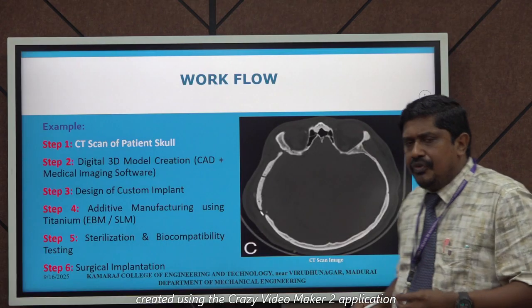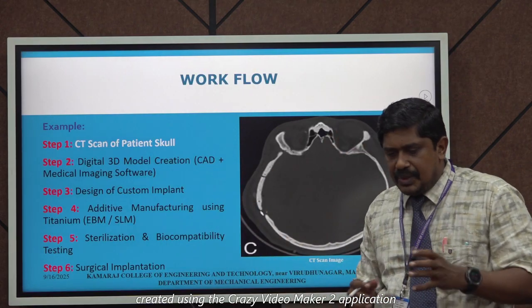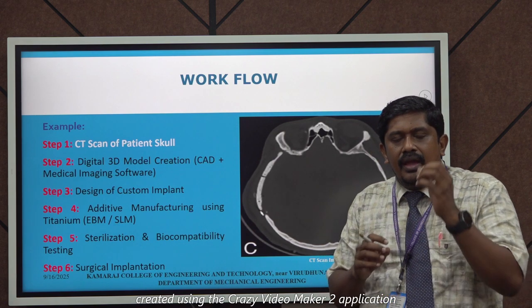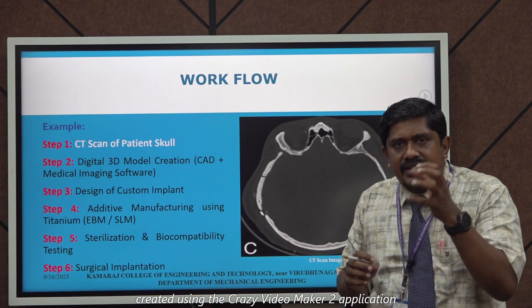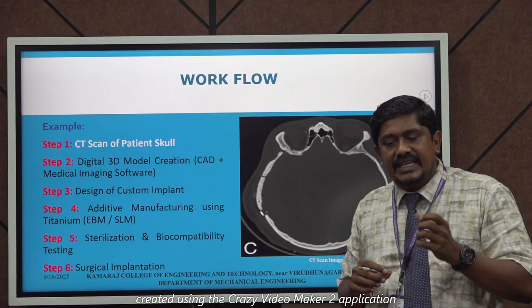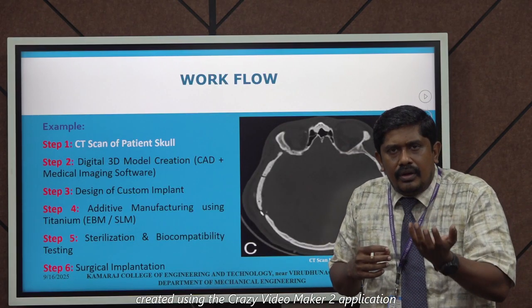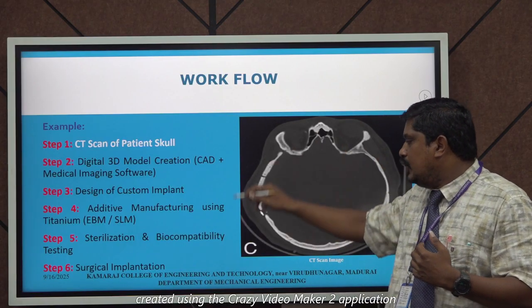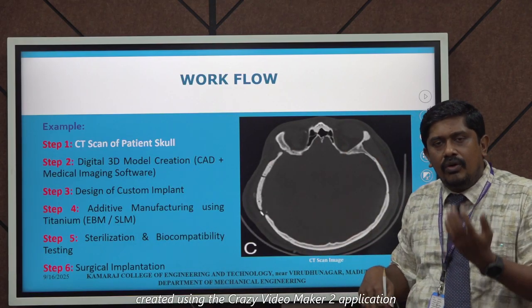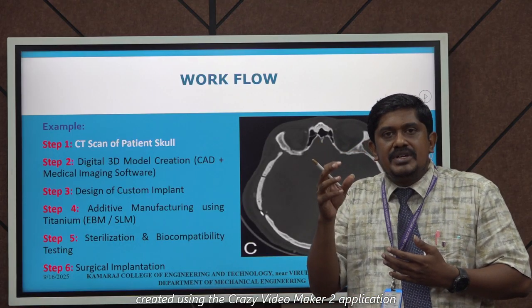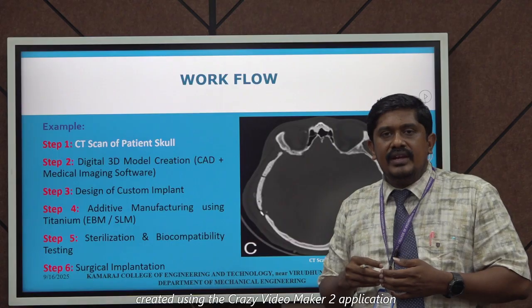And what is the workflow? It has 6 steps. First, the patient's skull data is retrieved using a CT scan. Normally we do a lot of CT scans, and we see the CT scan as a 2-dimensional outcome. Actually, in the back end of the system, there are 3-dimensional coordinate systems.